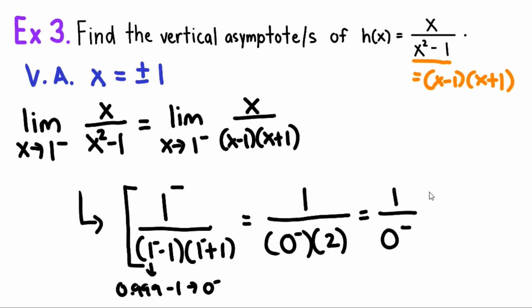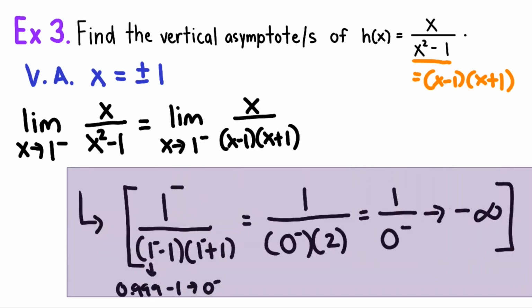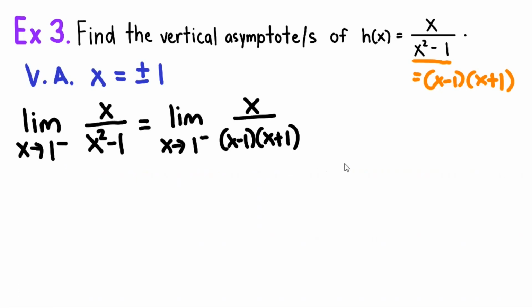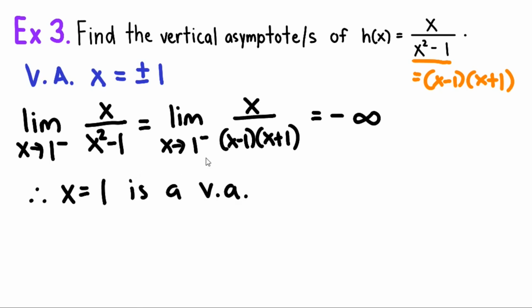And since it is of the form constant over 0, but this time negative, this approaches negative infinity. So we have here negative infinity. So indeed, x equals 1 is a vertical asymptote.